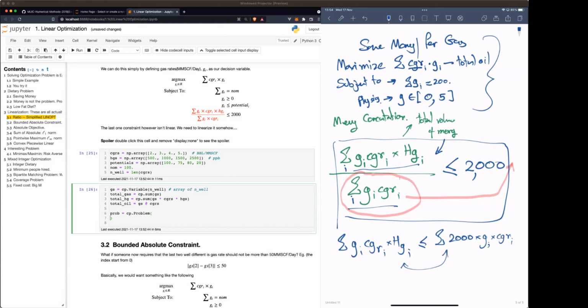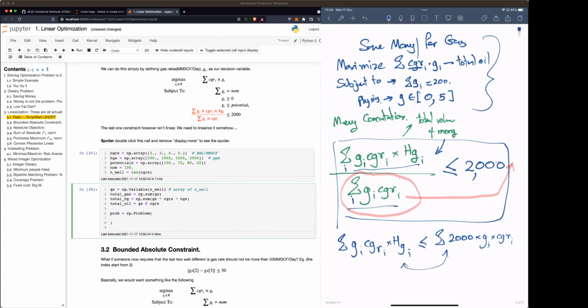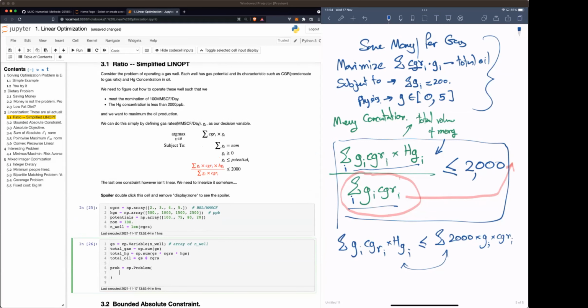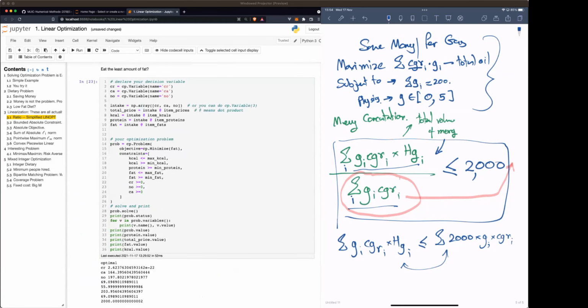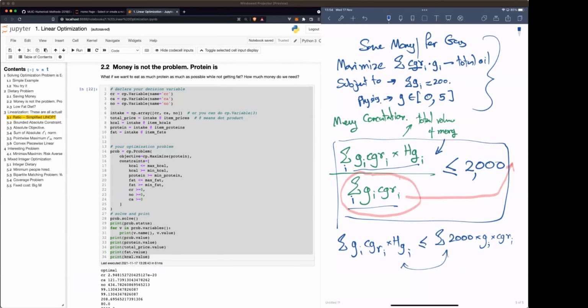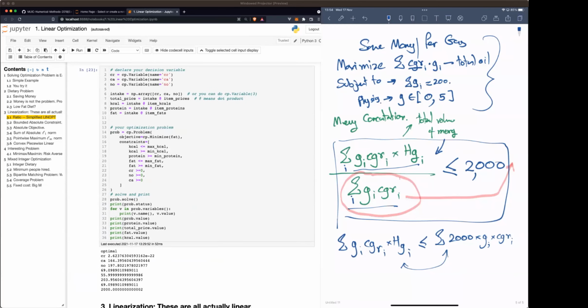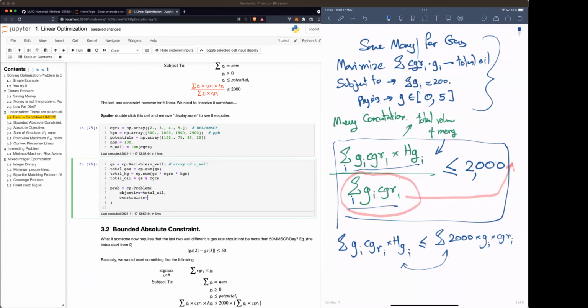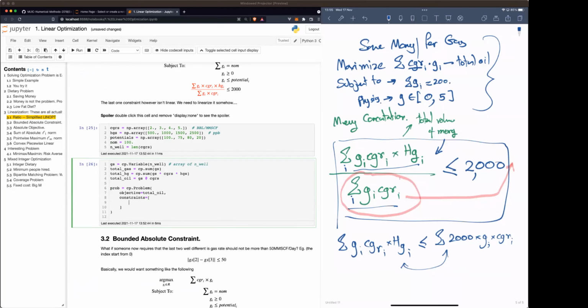Okay, that's it. So we want our problem to be, let me show you the first one, then I'll let you do the next one. The objective is total oil, and the constraint would be total gas has to be equal to the nomination.